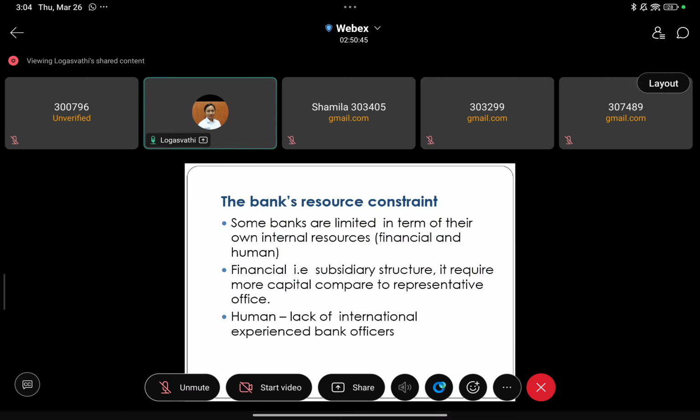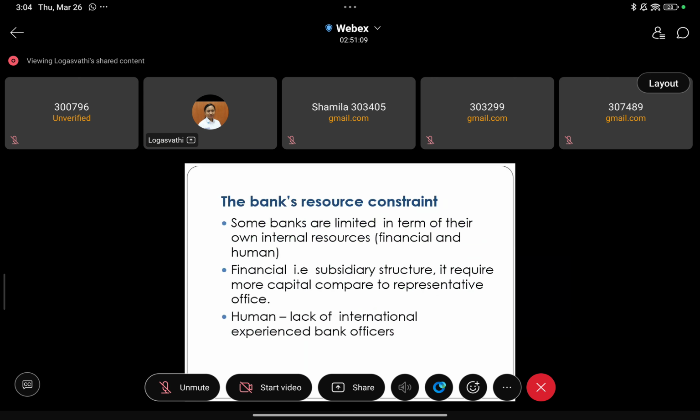Some banks have a severe lack of skilled, experienced workers to send overseas. So this is what we call a bank resource constraint. They are constrained in terms of human capital, skilled and experienced workers, to open an international branch.